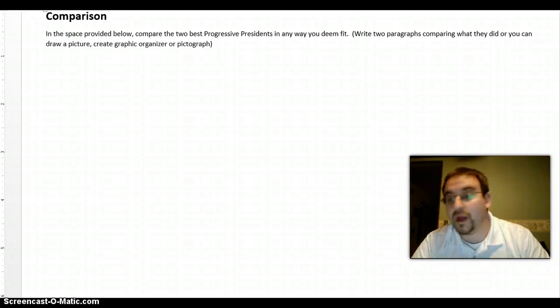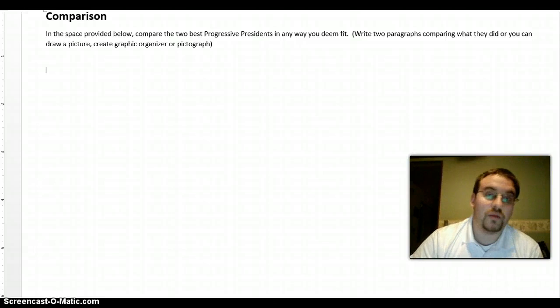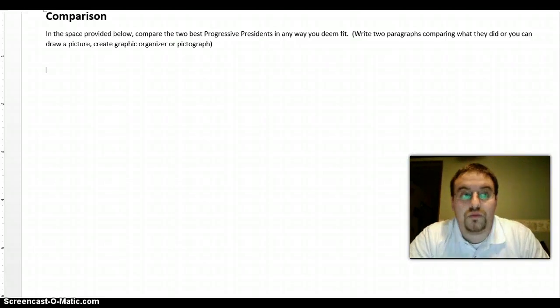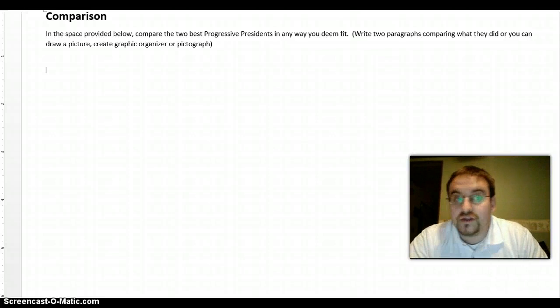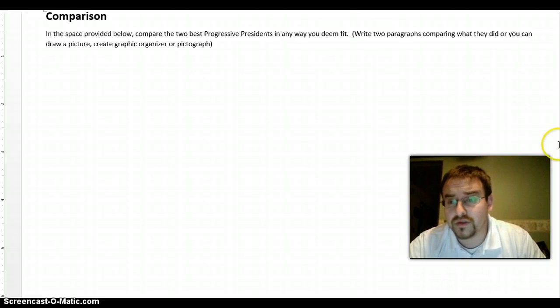You can draw a comic. All right, I know a lot of you are very art based. That's okay. That's great. I was when I was in high school as well. My notebooks were filled with pictures. So if you can do it that way, put it on the picture. Graphic organizer, if you want to organize it that way, you can, or pictograph, or I'm trying to remember what we called it the first couple weeks of school.